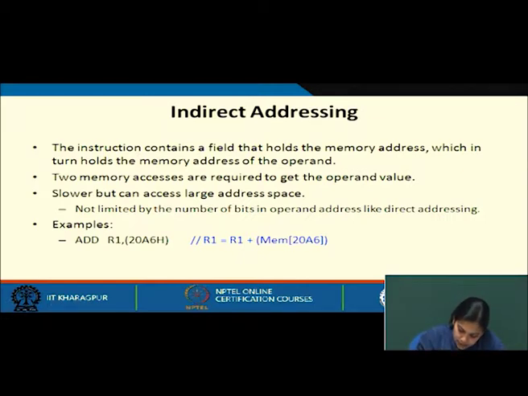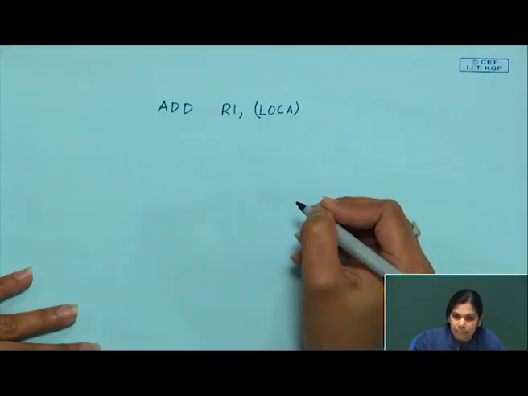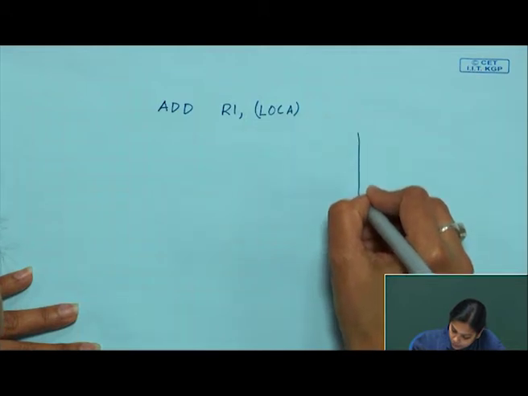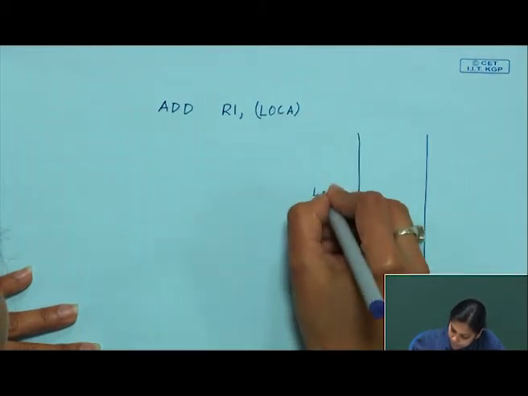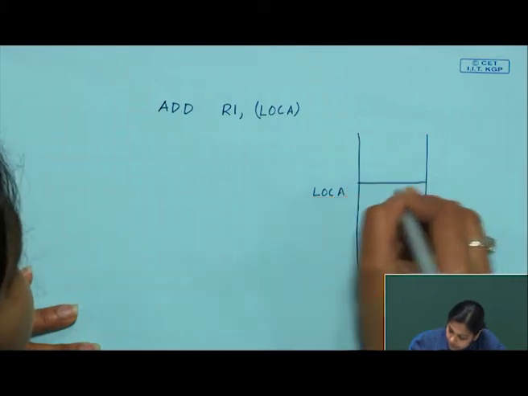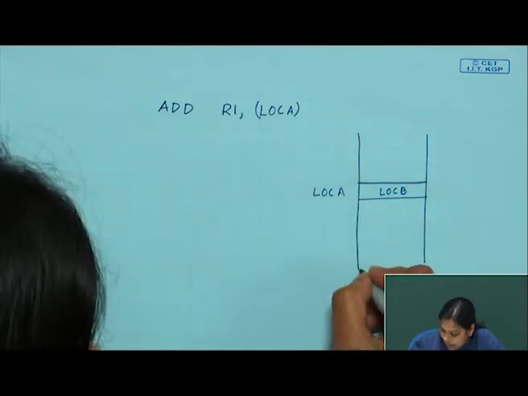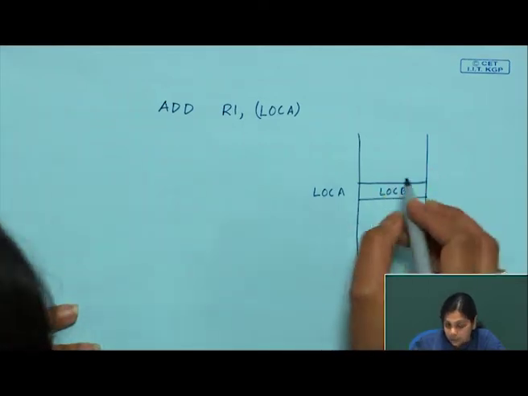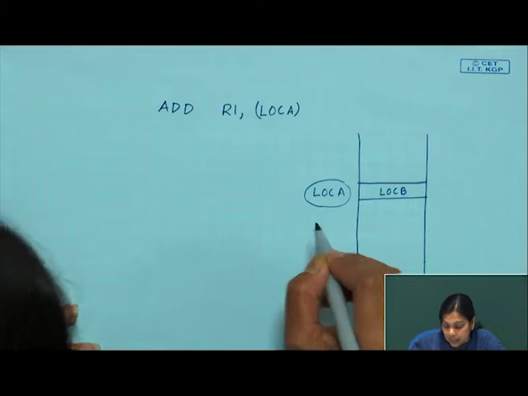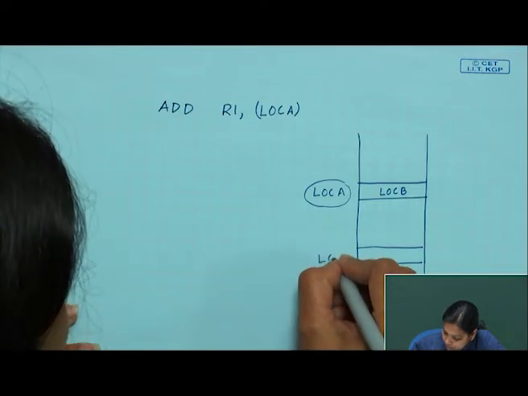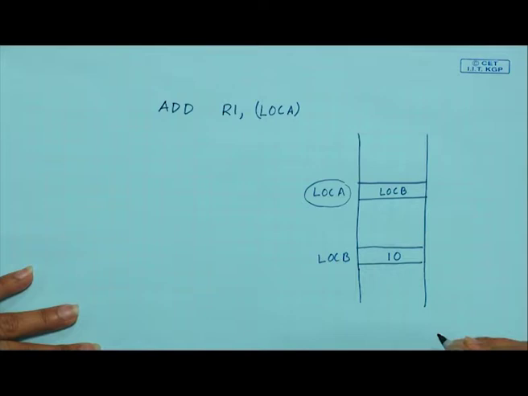Let us say we have an instruction add R1 comma LOC A. If you have written add R1 comma LOC A, and this is your memory, LOC A contains another address, LOC B. Now you will not get your operand from LOC A, rather you will get your operand from LOC B. So, you go to LOC B and your operand is here.